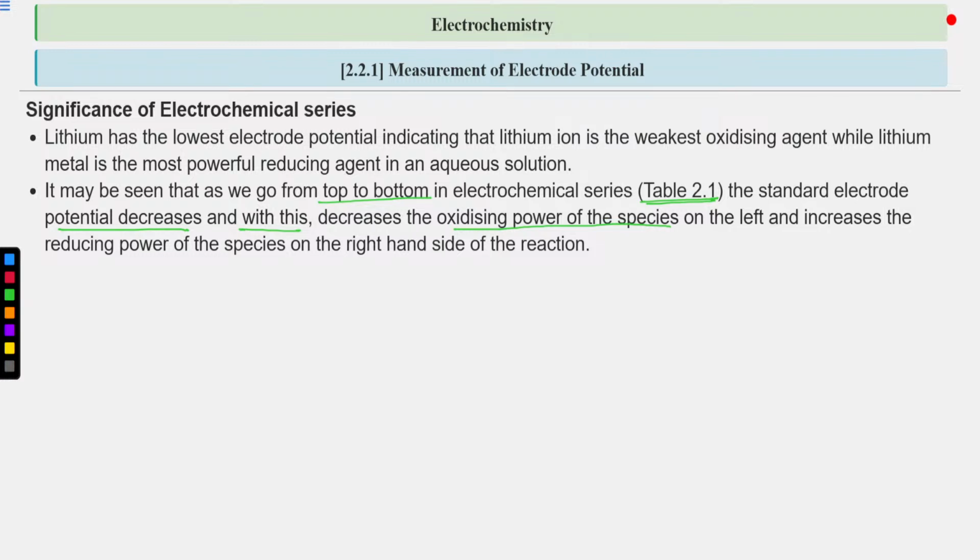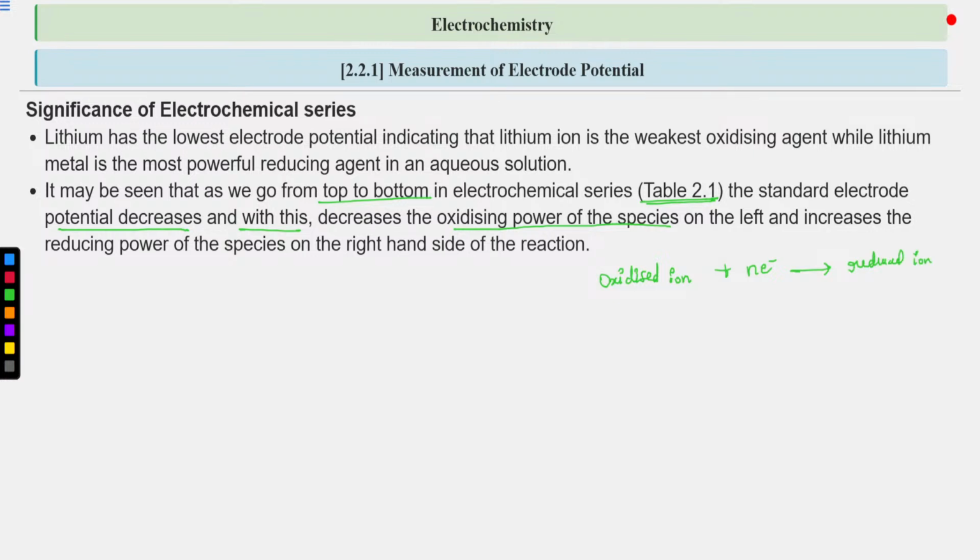If you observe the table, we have a reaction given where there is an oxidized form. Let me write. We have the oxidized form, or oxidized ion, and the number of electrons it is gaining, and then the reduced form, or reduced ion.